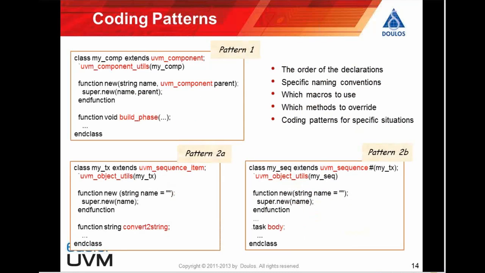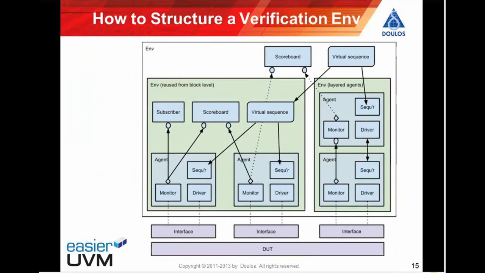Okay, the coding guidelines also contain certain coding patterns for the most important constructs we are using. This is for the UVM components used for structuring a UVM environment. We have the sequence items which are generated from a sequencer, and this is the sequence. In these coding patterns, we describe the order in which you have to implement these things and which methods have to be overridden.